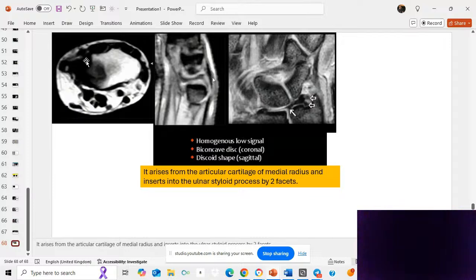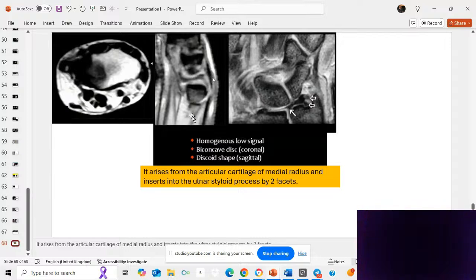The triangular fibrocartilage complex is seen on the axial MRI as a triangular structure.